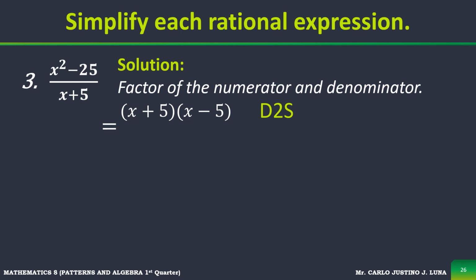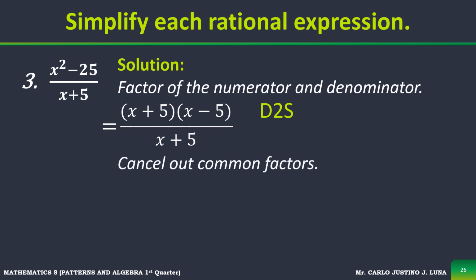That is difference of two squares, all over x plus 5. Can we still factor x plus 5? Okay, hindi na. So, kokopihin na lang. We will just copy. Kokopihin na lang natin. Okay? So, we have x plus 5.